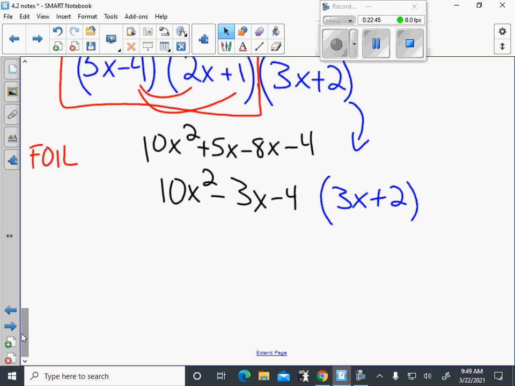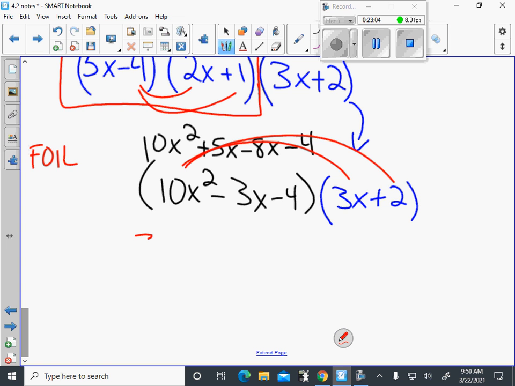Okay, so now we have this times that. 2 parentheses. And again, it's distributing each thing. So 10x squared times 3x, well, that's a 30x to the third. 10x squared times 2x is a 20x squared.